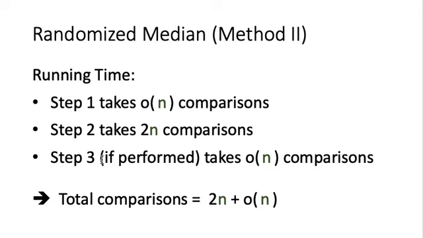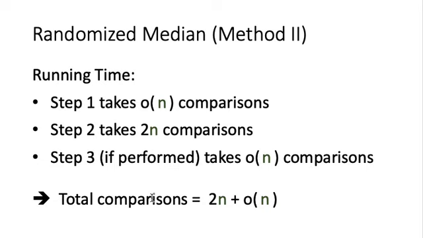Now step 3 may not be performed because we may be failing already. But if it is performed, then it is guaranteed that the set big C will have a small size. So sorting this C takes only little o of n comparisons.